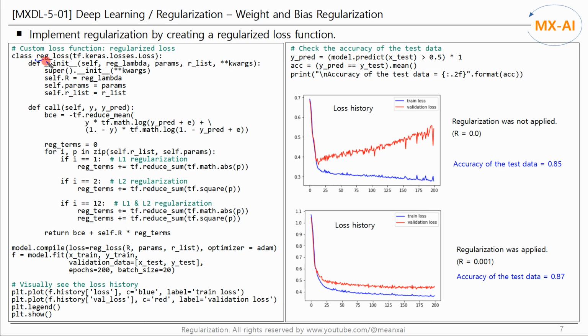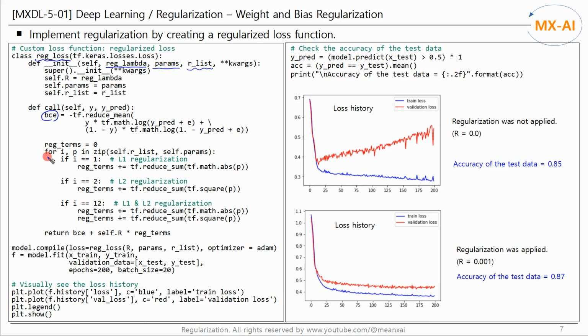Next, we will write a custom regularized loss function as follows. The inputs to this class are the regularization constant, the model's trainable variables list, and our list. First, calculate the standard binary cross-entropy loss.